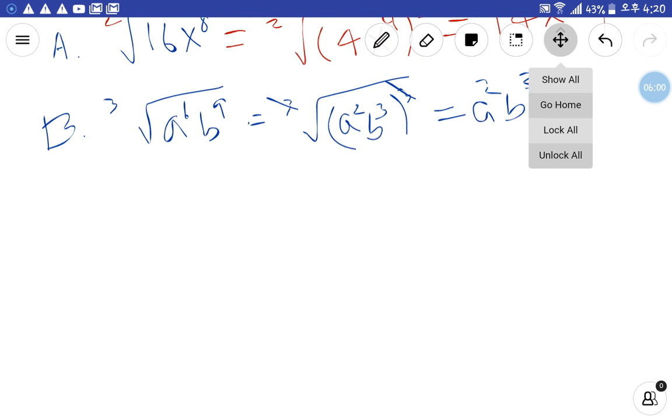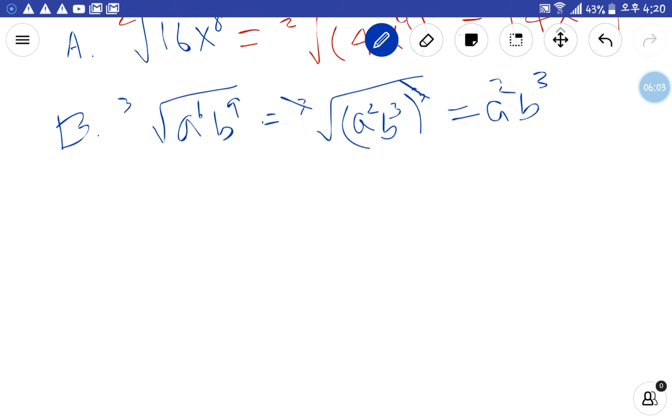Now, C is a little bit complicated. So I'm going to put the C here. Alright. 4th root of x to the 8th power, y to the 12th power. I told you that you simply divide 8 by 4, 12 by 4, and put the quotient in the parentheses. But your index is an even number, so you would have a plus or negative situation.